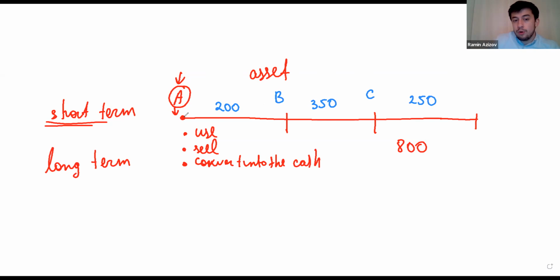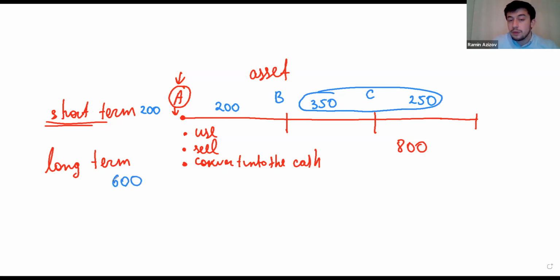For point A, my short-term asset is only 200. And for point A, my long-term asset, I mean long-term receivable, is the sum of those figures, which is 600. Why? Because a long-term asset is intended to be used, sold, or converted into cash after more than one accounting period.